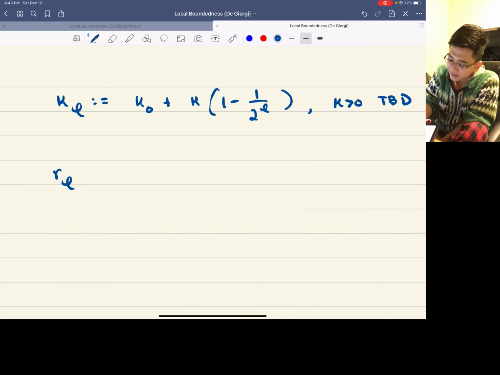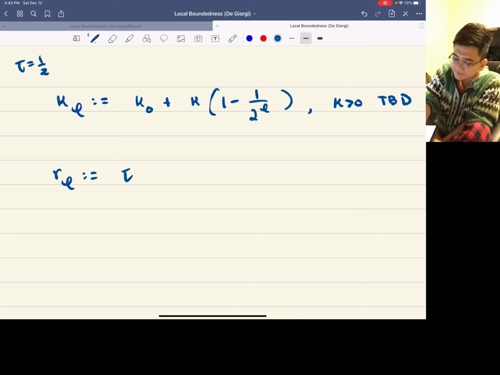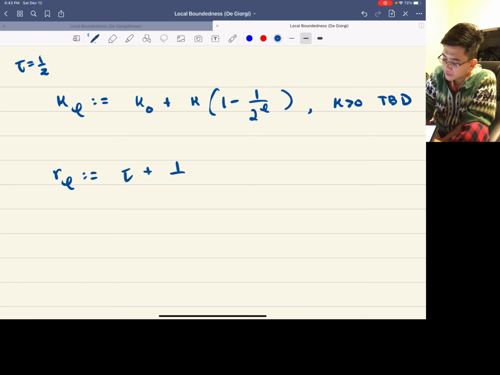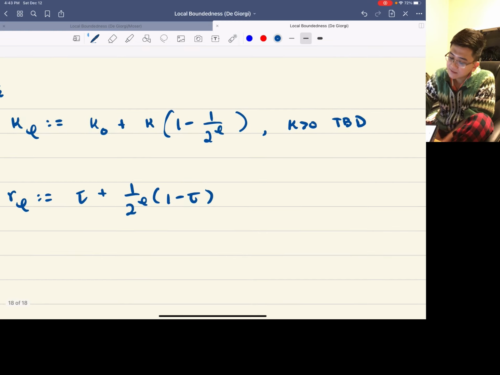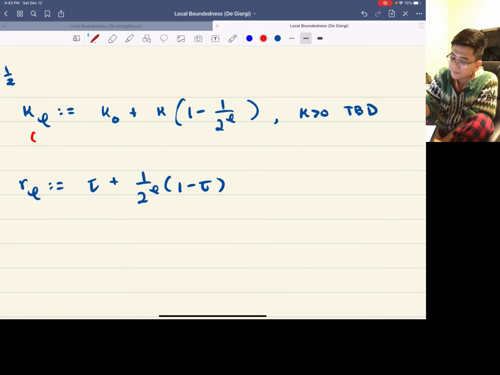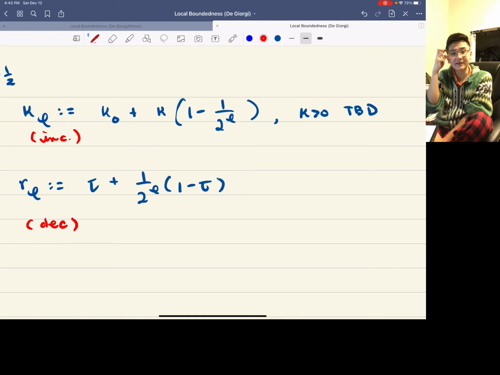And r_l would then be tau plus 1 over 2 to the l times (1 minus tau), where tau is just 1/2. So note that k_l is increasing and r_l is decreasing. Okay.